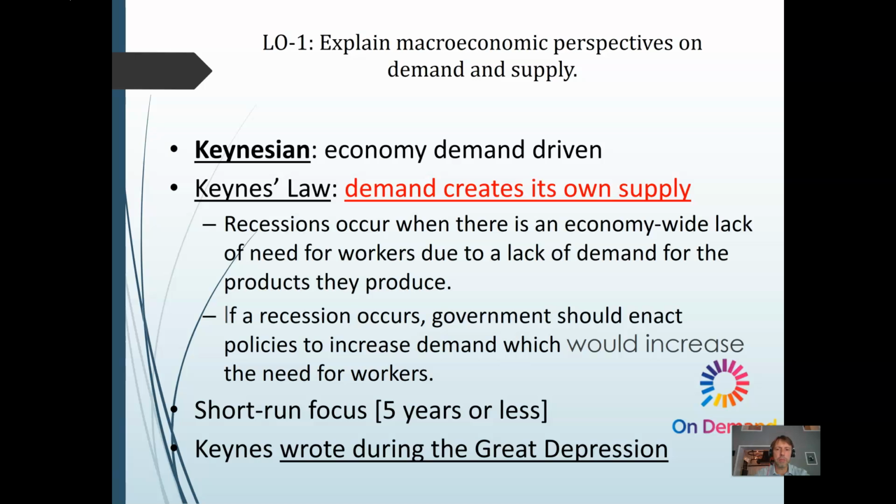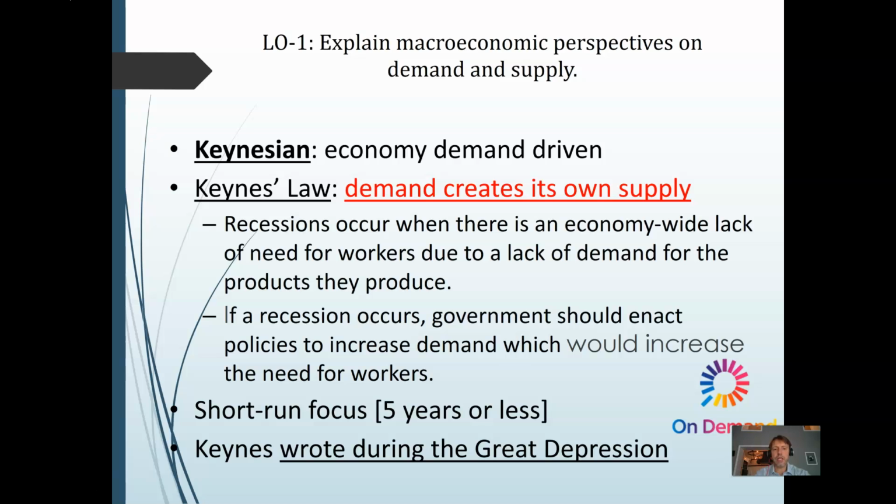There isn't the demand necessary, the demand for labor in this case. And then as those laborers lose jobs, they don't demand goods and services because they're not earning what they used to. And we're experiencing some of that now in the pandemic. If a recession occurs, though, what Keynes says is now it's the government's job to try and increase demand.